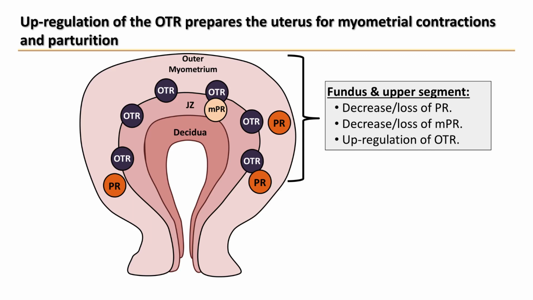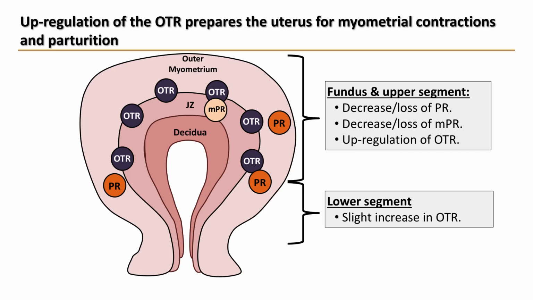Recognize that even if progesterone levels do not fall locally, the inability of progesterone to act also preferentially favors the actions of estrogen, which can also lead to the upregulation of oxytocin receptor. When the oxytocin receptor reaches a threshold, it will bind oxytocin and start to cause contractions.